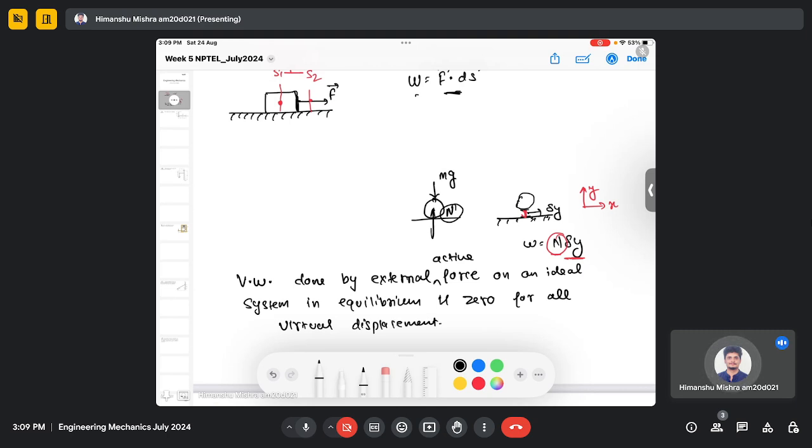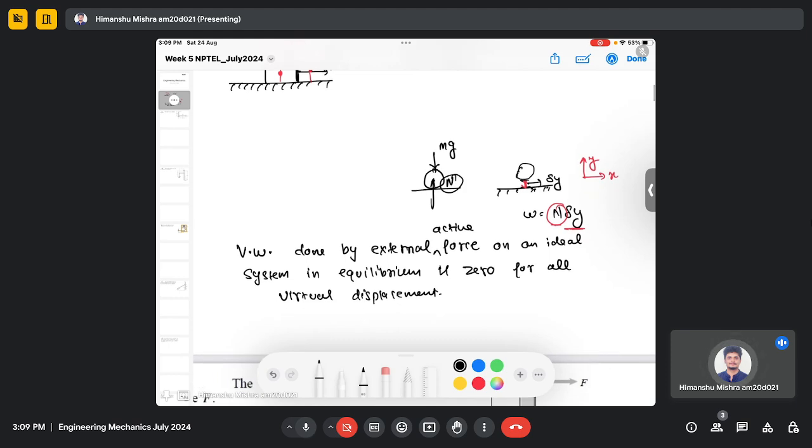So the principle states that the virtual work should be zero, and this virtual work is the consequence of these external active forces.